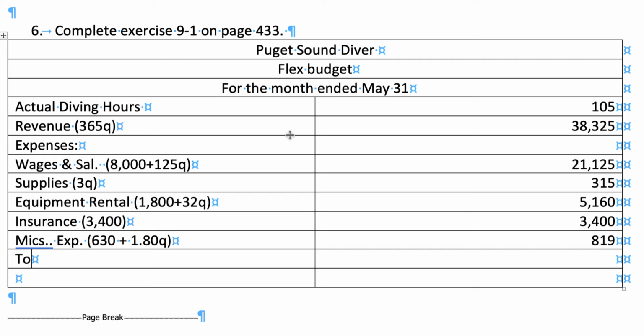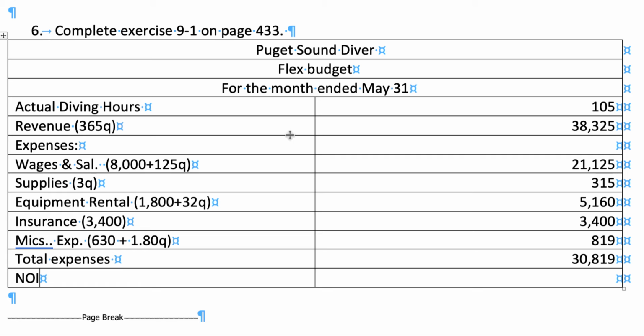So our total expenses are going to be $30,819. So what's our NOI?